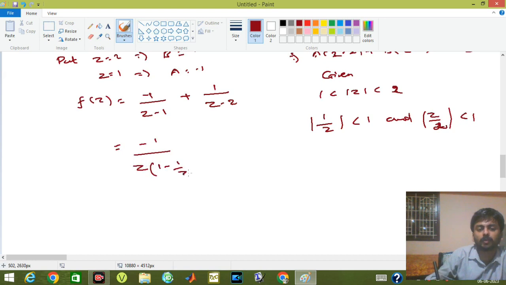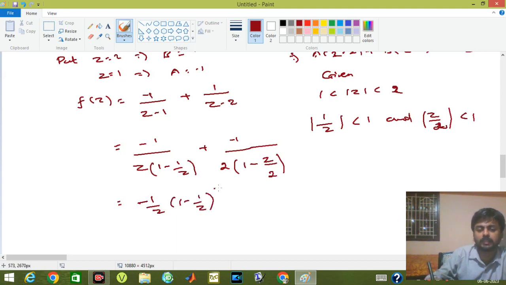So 1 minus 1 by z, plus 1 divided by 2 into, I have to take minus also, so that I will get 1 minus z by 2. So here I am having minus 1 by z of 1 minus 1 by z whole inverse plus minus 1 by 2 of 1 minus z by 2 whole inverse.